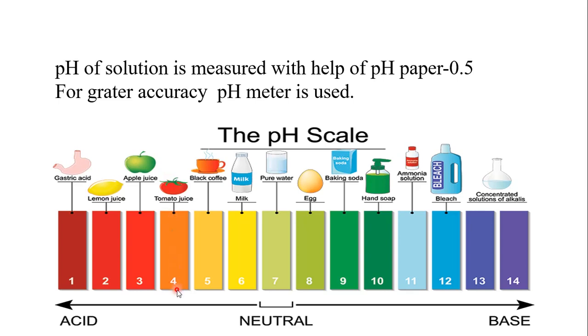Tomato juice has pH 4. Black coffee has pH 5. Milk has pH 6. Pure water has pH 7. Egg pH is 8. Baking soda, these are alkaline, basic substances, so pH is more than 7.